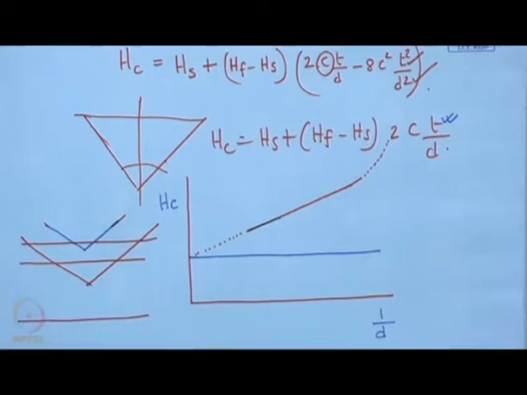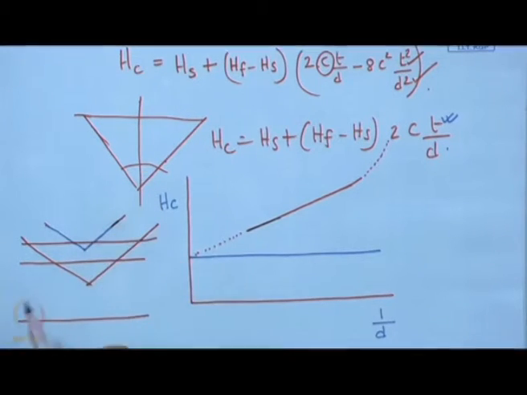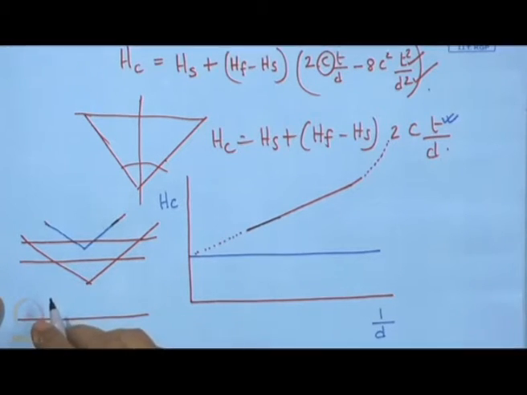So, this blue one is showing one indentation by this Vickers indenter on a coated area, and here, for example, this indentation is limited within the coating.